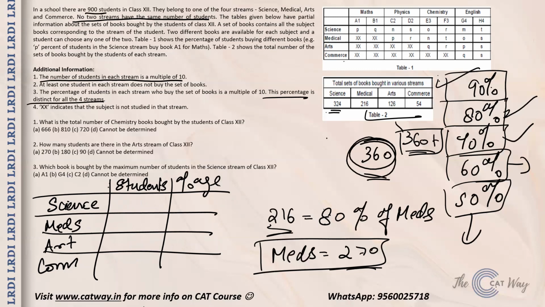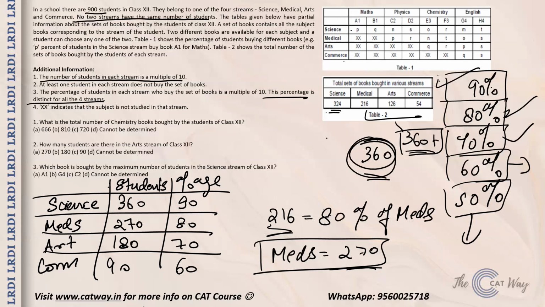For science, we have 360 students, percentage is 90. For medical, it is 270 students, percentage is 80. For arts, 180 students, percentage is 70. And for commerce, there are 90 students, out of which 60% have bought the books. So now we are done with our set.